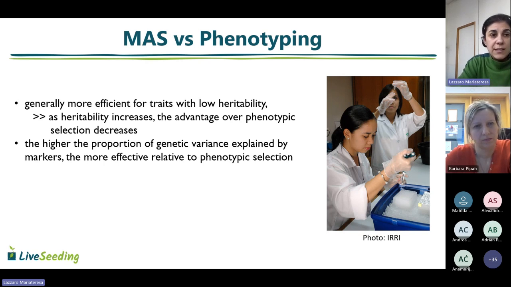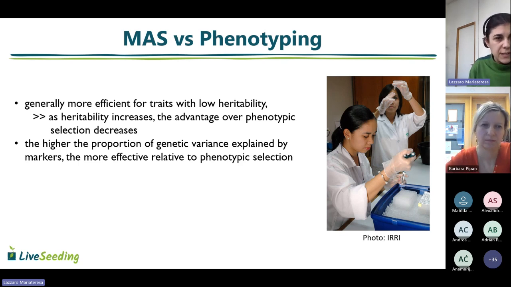So I have a disease, I have a gene which really determines the resistance of that genotype, and by having a marker that targets the positive allele for this gene, I can very easily select without the need, for example, to have a very complicated field trial where the plants are exposed to the disease. I can also do it in the greenhouse or even in the field, but without the presence of the high pressure of the disease.